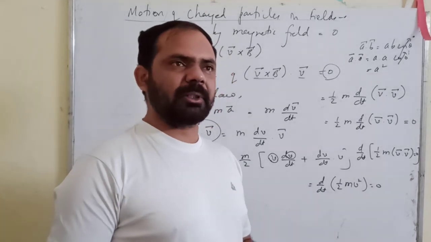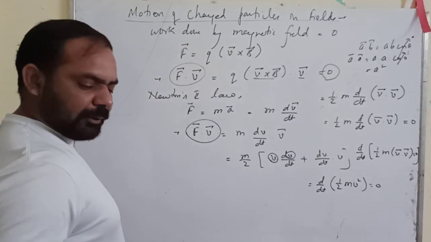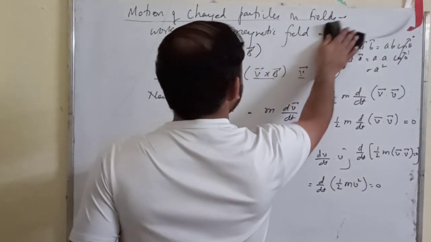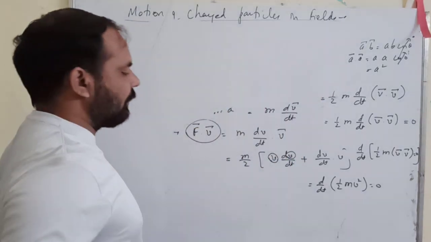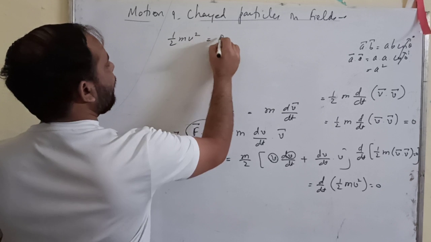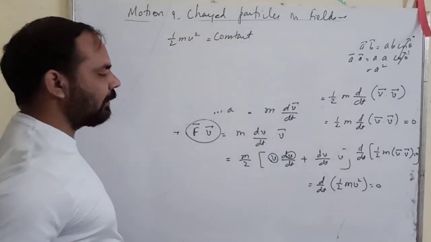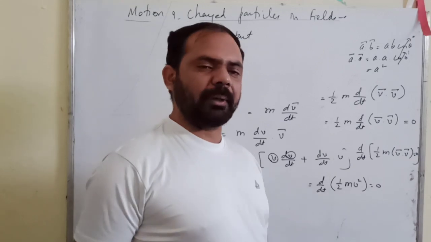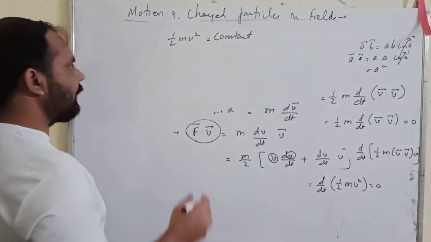For which quantity is the derivative 0? It is for a constant quantity. So it means that half mv square is equal to constant, right? Because the derivative of a constant quantity is always 0. So half mv square is a constant quantity.